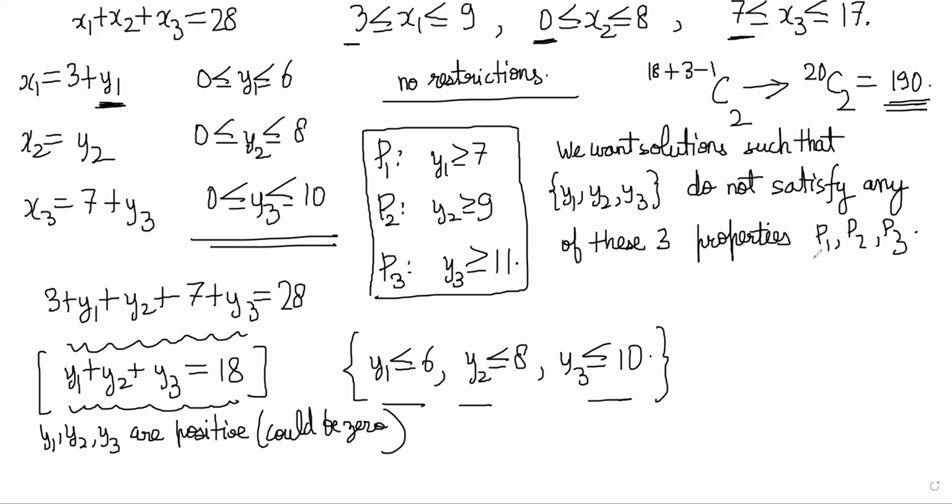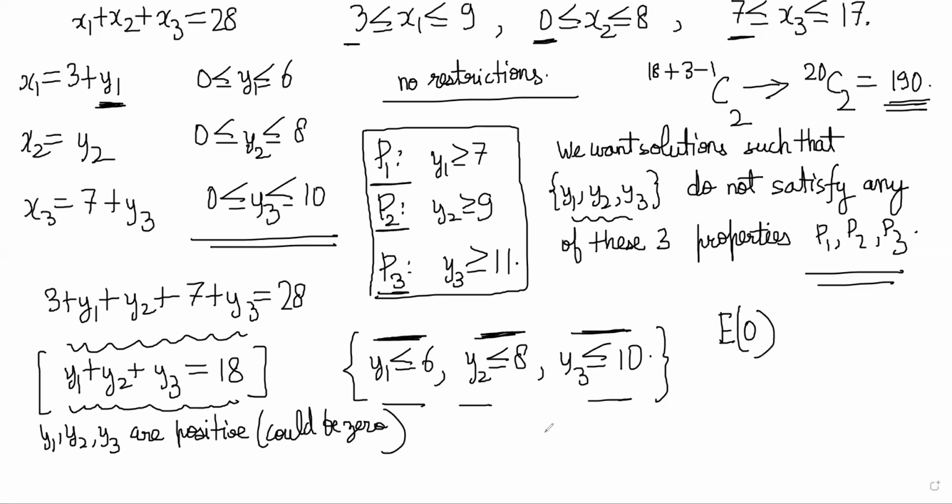Why am I saying that? Because if they don't satisfy any of the properties, then y1 has to be less than or equal to 6, which is what we need, and y2 has to be less than or equal to 8, and y3 has to be less than or equal to 10. So basically, we want the number of elements of the set E0.